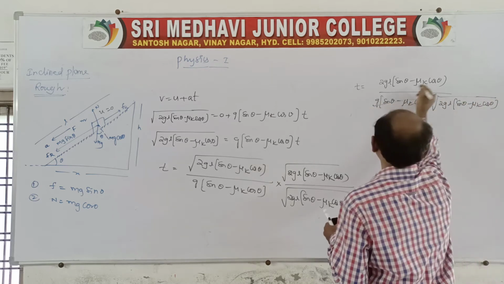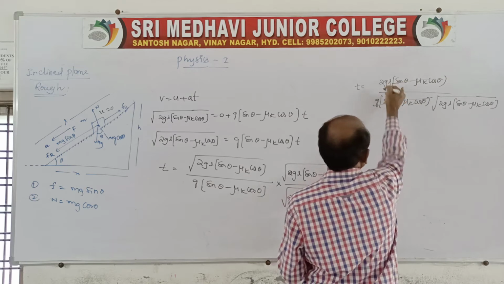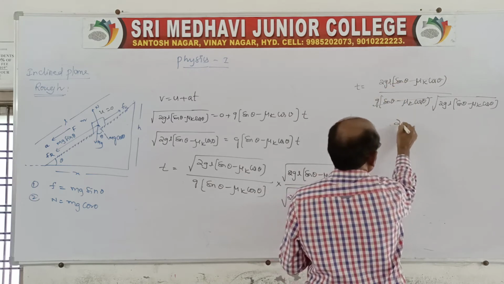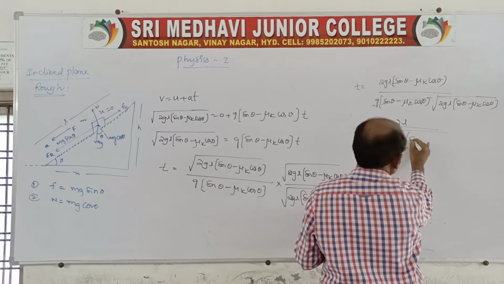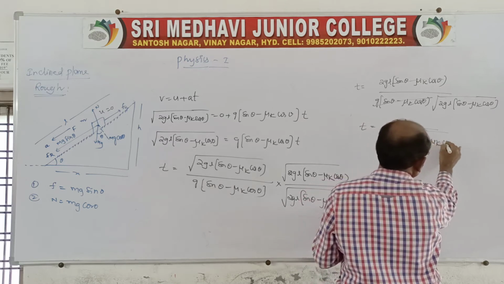So this will be cancelled, and g also cancelled. t is equal to 2l by root over 2gl of sin theta minus mu k cos theta.